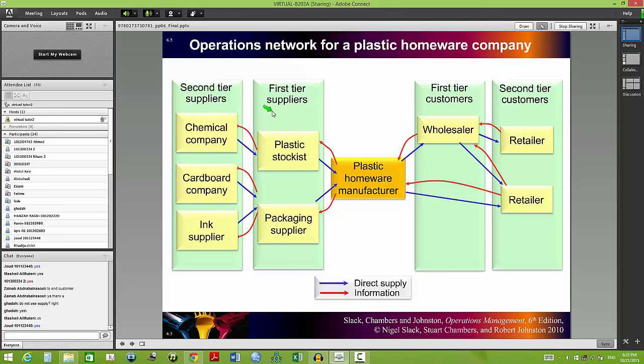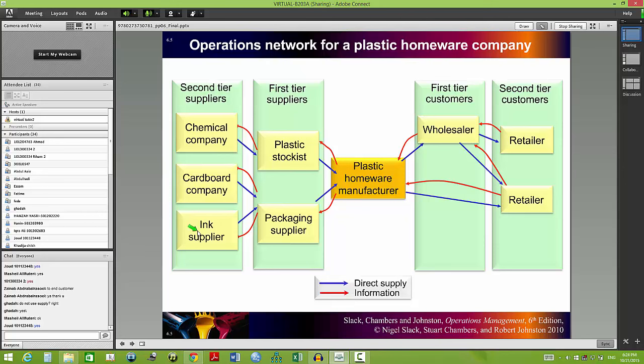But those suppliers which have the plastic also take other raw materials from what we call the second tier, or second level, suppliers. They take, for example, some chemicals and cardboard and ink for coloring the plastic. You know that we have different colors in those types of products, so they need to have some ink colors in order to color the plastic.